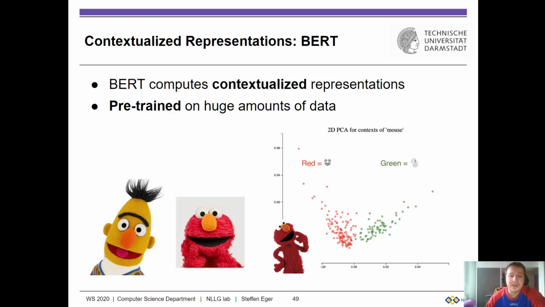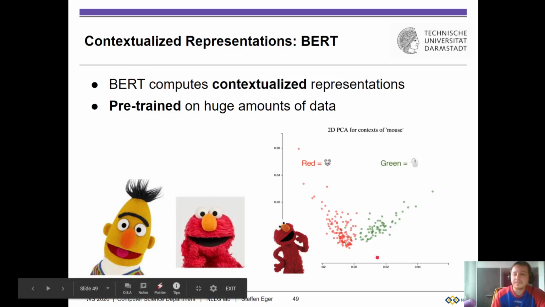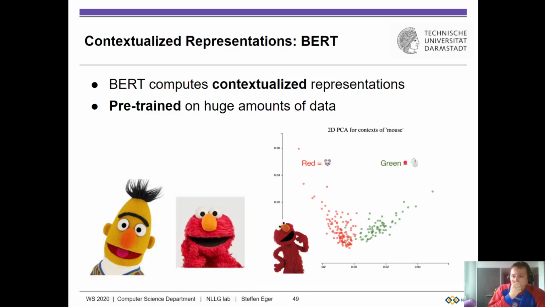So again, to get the idea of the contextualized embeddings, check it here. We have the word mouse, which again has different meanings, intuitively in English. On the one hand, it could denote an animal. On the other hand, it could be associated to a computer.